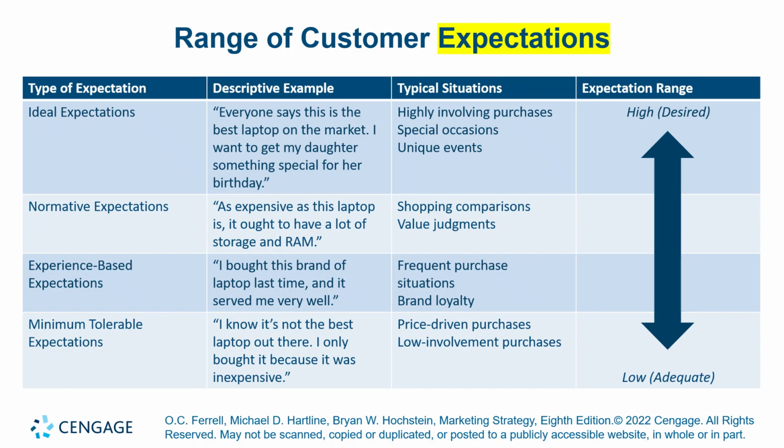This table shows the range of customer expectations. The last red column on the right shows expectations ranging from high, which is desired, to low, which is adequate. The columns show the type of expectation, a descriptive example, and a typical situation. Ideal expectation is the highest level.